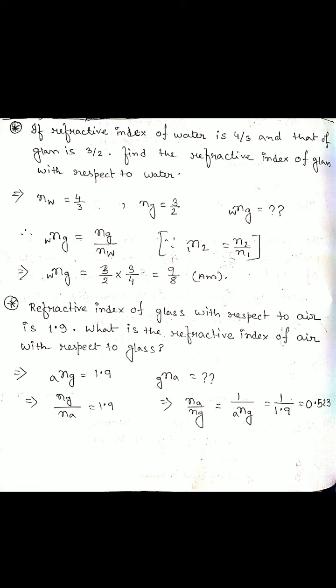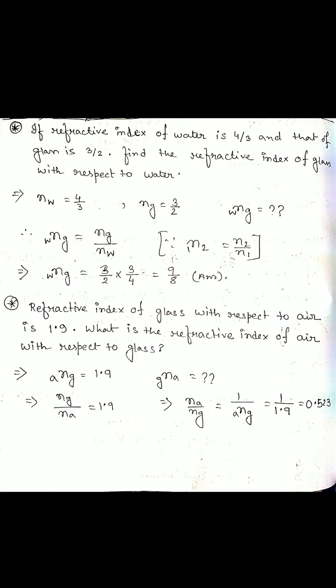So here we find it in glass medium, that's why G is written at the right hand side and W is written at the left hand side. The absolute refractive indices of water and glass are given separately, that is 4/3 and 3/2. So we find WnG, which means nG by nW. Now putting the values of nG and nW, we get 9/8.